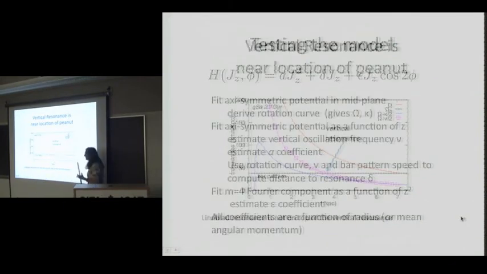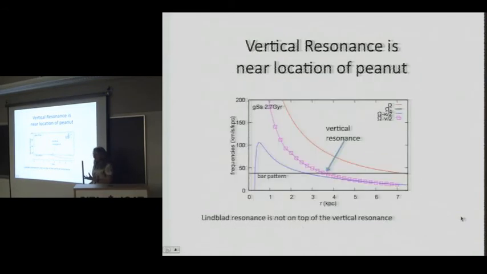So the first thing is, are the peanut shapes in the right place to be associated with this vertical resonance? And the answer is yes. If you plot omega minus nu over 2, and you look to see where it crosses the bar pattern speed, that tells you where the resonance should be, and that's about in the right place.